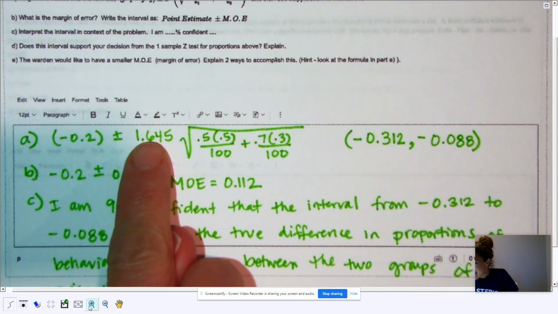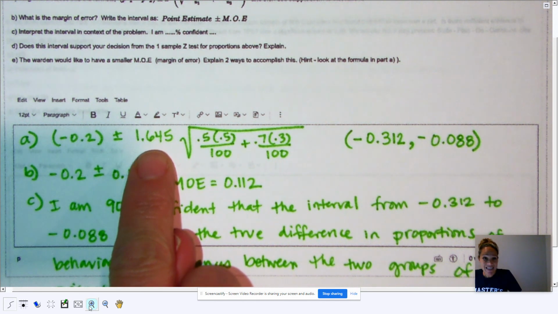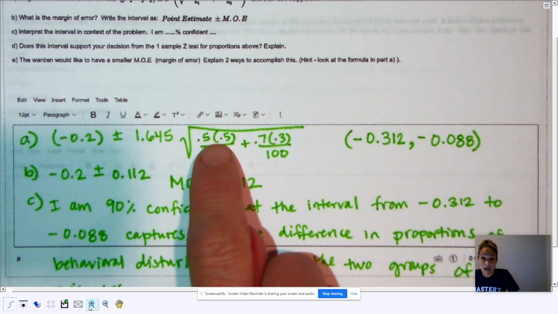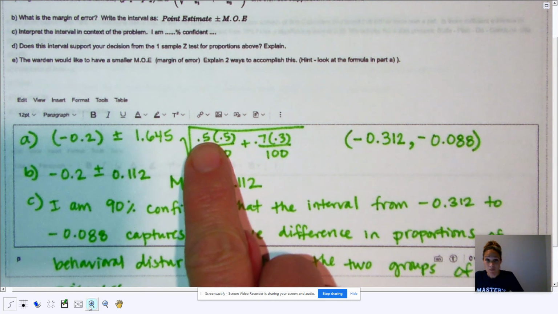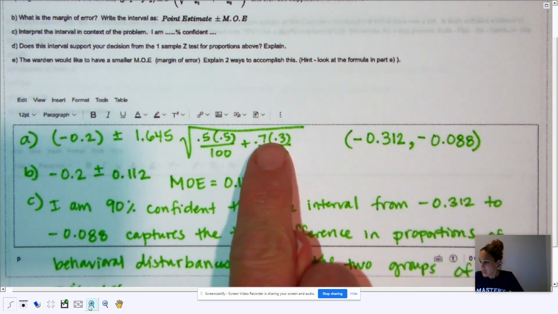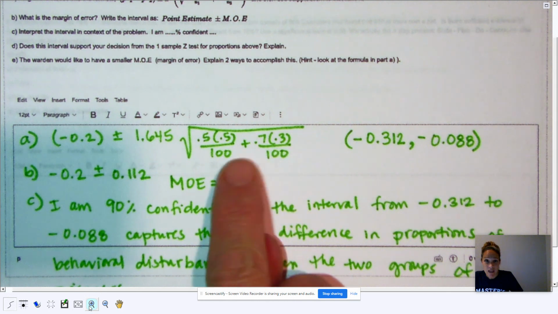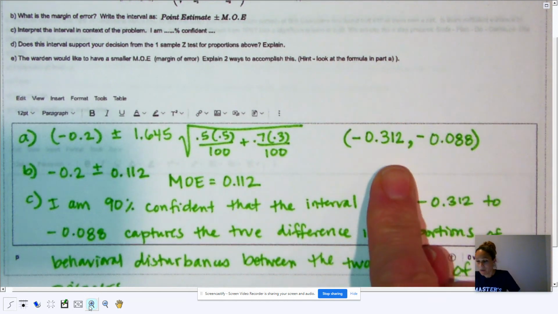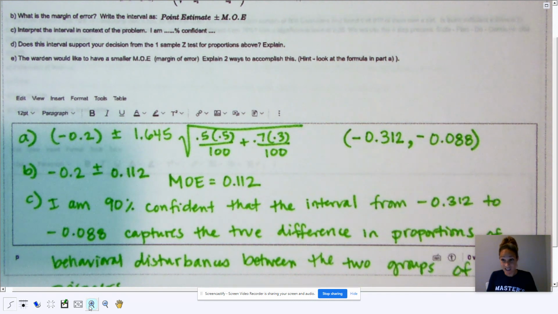We want a 90% confidence level. So our Z-star critical value is 1.645. And then I'm not using the combined p-hat anymore. I'm using p-hat 1 and p-hat 2, and then 1 minus p-hat 1, 1 minus p-hat 2, and then I'm plugging in the n for both of those. So this is the confidence interval that I come up with. And again, I want to show you guys the different ways to do that.